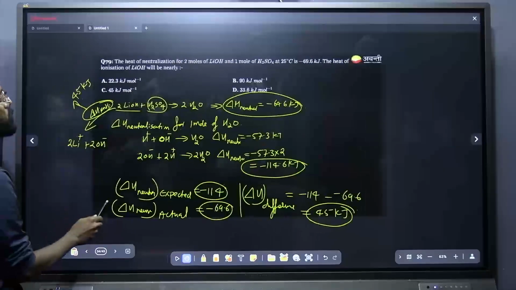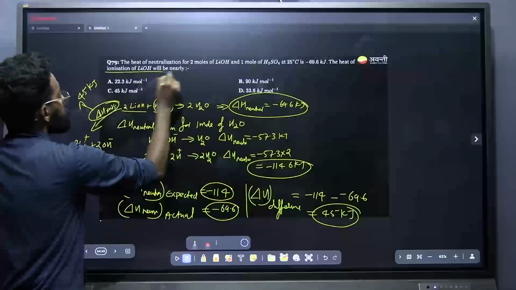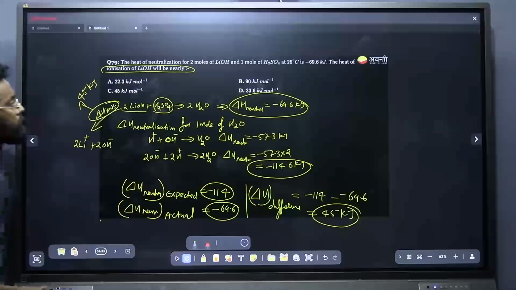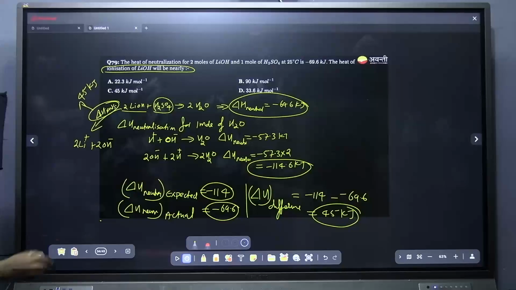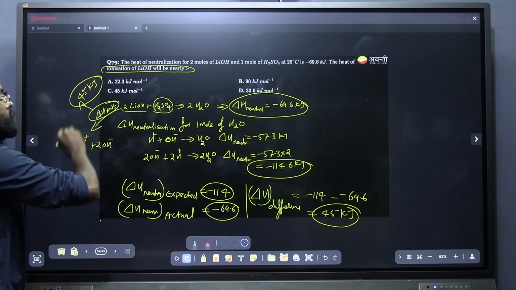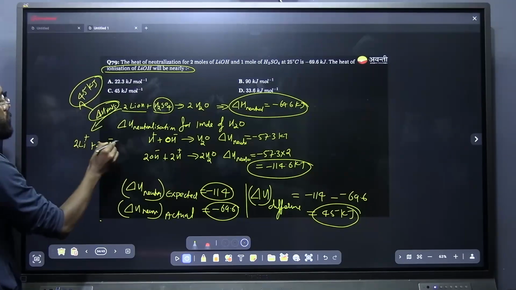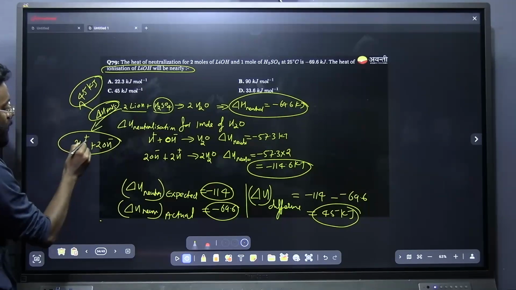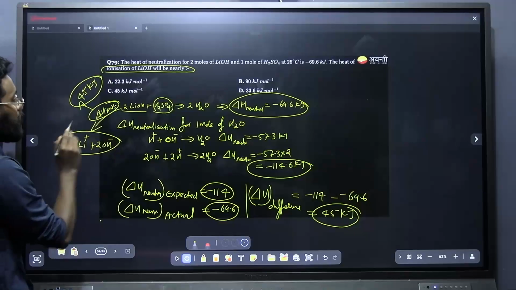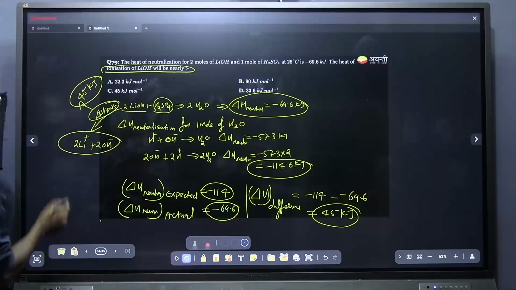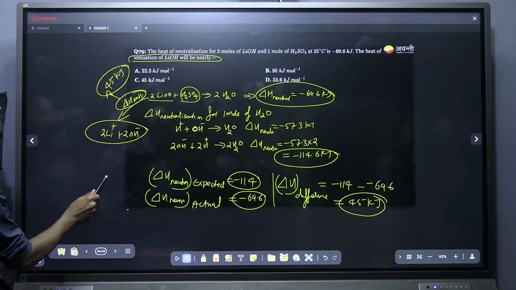Now the question is the heat of ionization of LiOH. For ionization, 45 kilojoule is used to ionize 2 mole of LiOH, but the question is for 1 mole of LiOH.